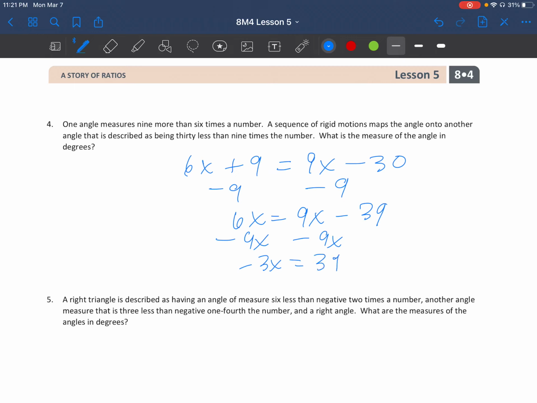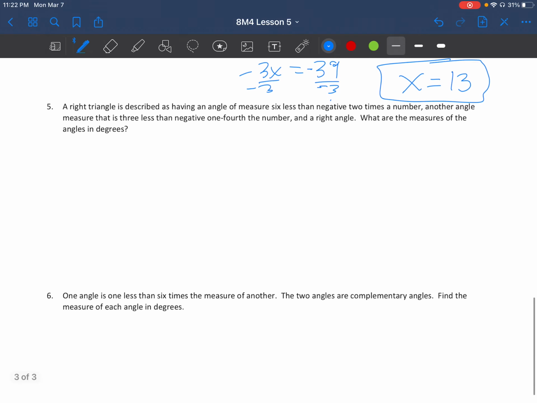We end up with negative 3x equal to negative 39. Divided by negative 3 is equal to x equal to... Negative 39 divided by negative 3 is going to give us a positive 13.